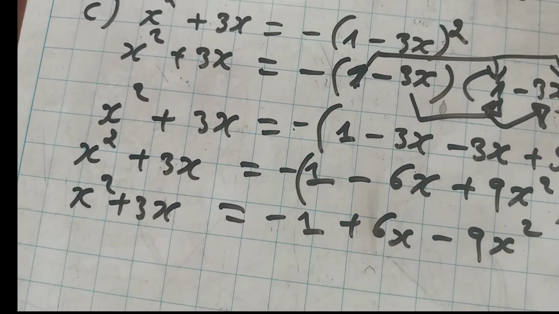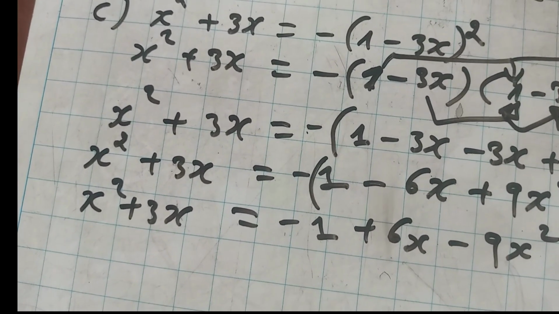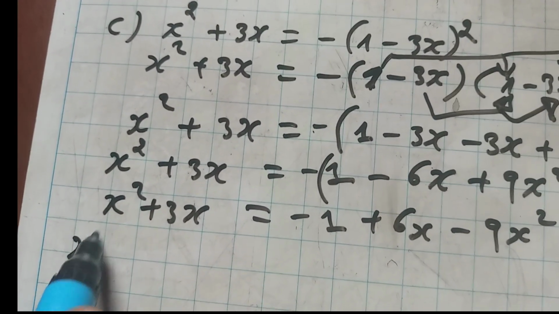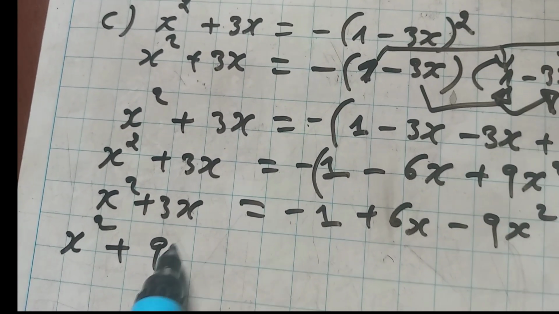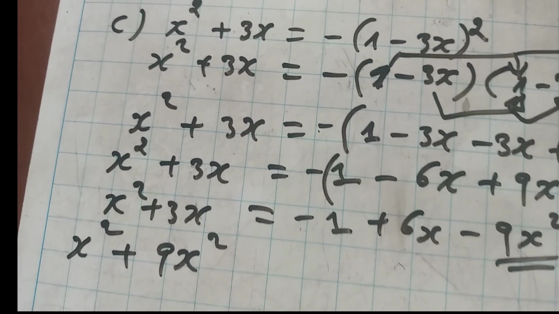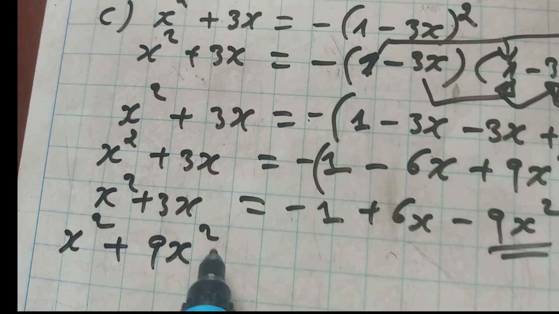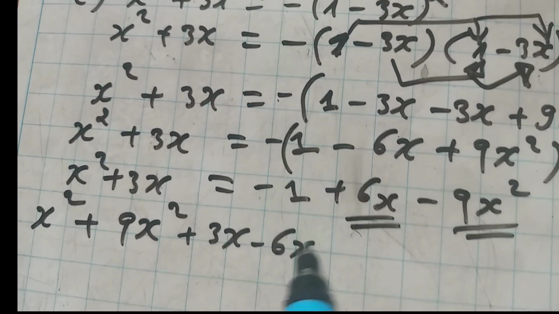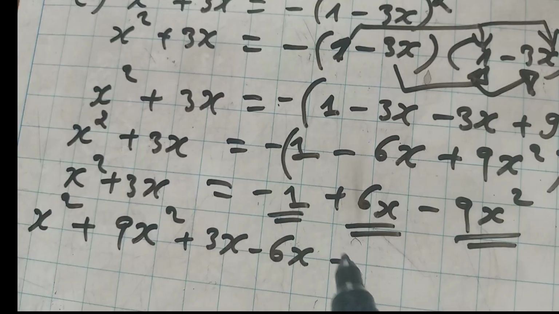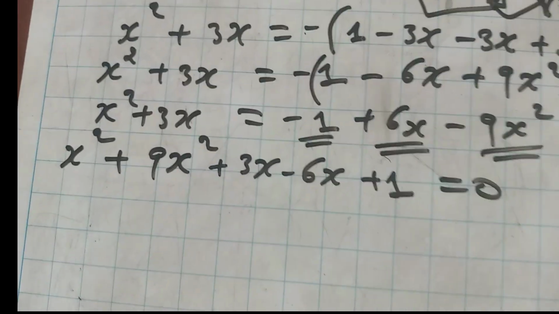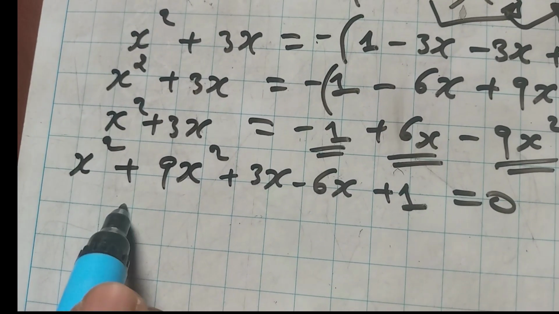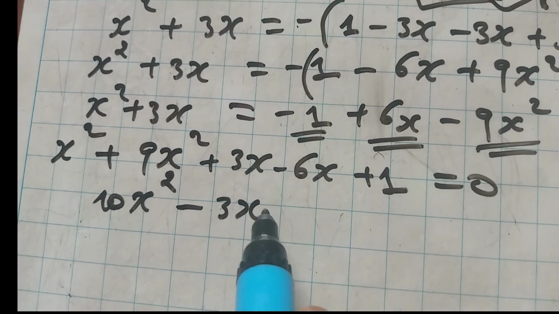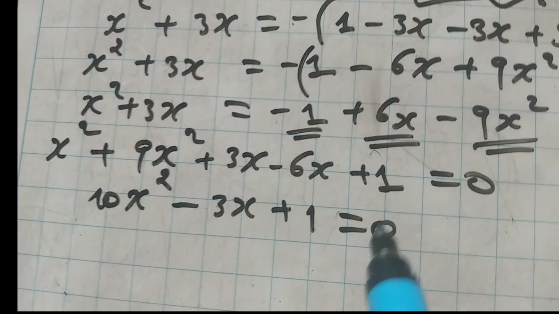Then I have to change the side. If I change the sides, here I have x squared plus 9x squared. Then I have plus 3x minus this 6x, then plus 1, which is equal to 0. So by adding this one to this one, I have 10x squared minus 3x plus 1, which is equal to 0.